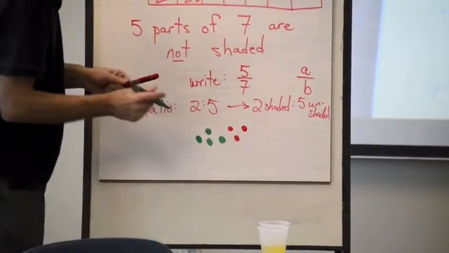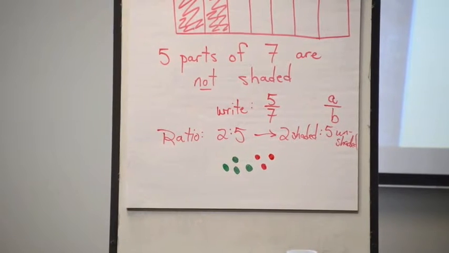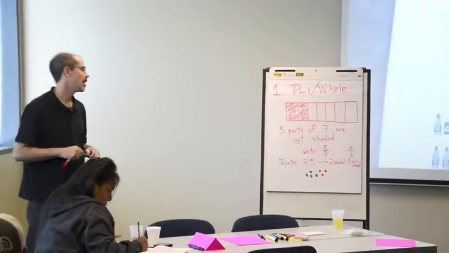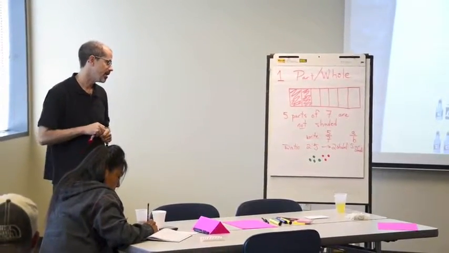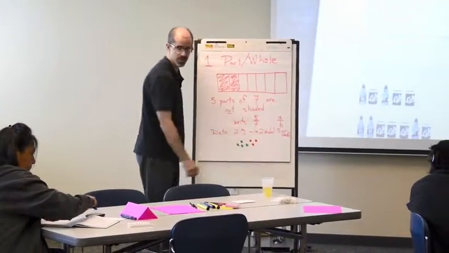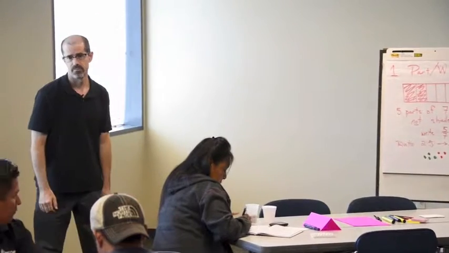Okay? So the question would be, actually this is a great question you could ask your kids. How many, so we lay out the candies, 4 green, 3 red. How many of the candies are red?